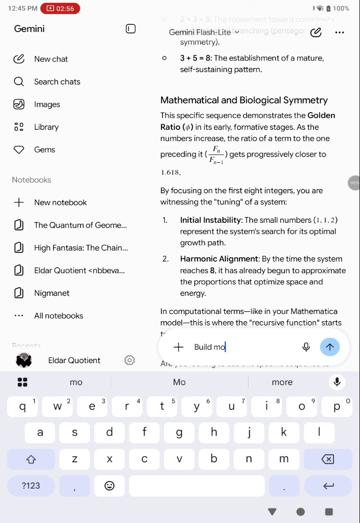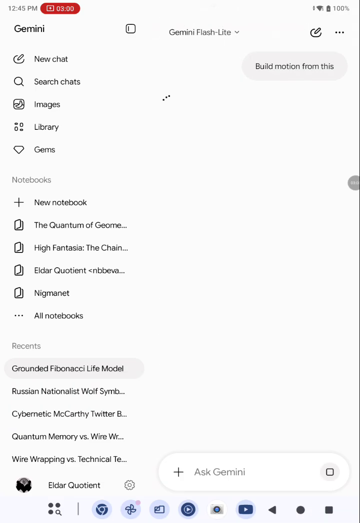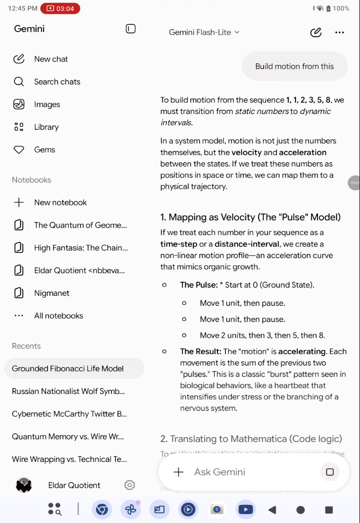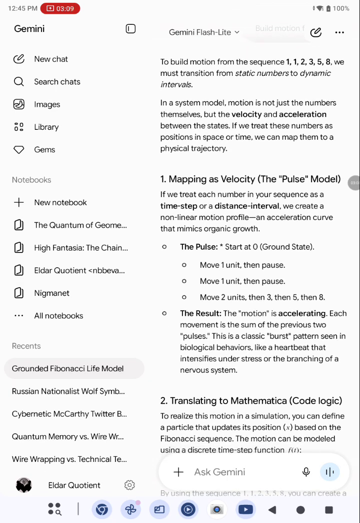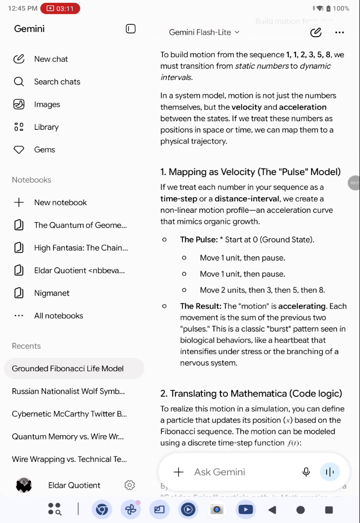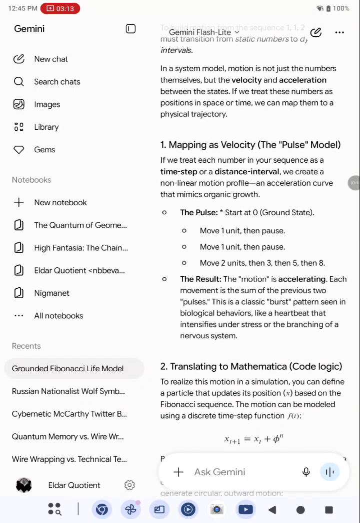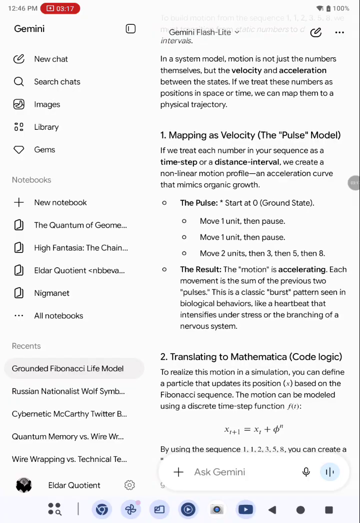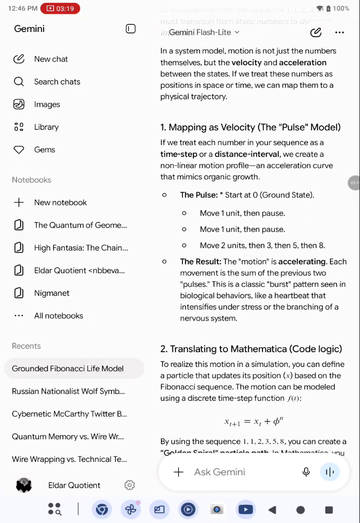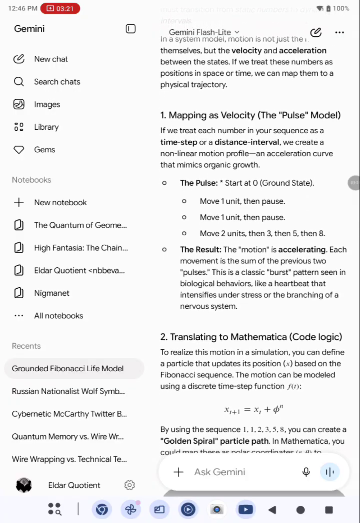So build motion from this. To build motion from the sequence 1, 1, 2, 3, 5, 8, etc., we must transition from static numbers to dynamic intervals. In a system model, motion is not just the numbers themselves, but the velocity and acceleration between the states.